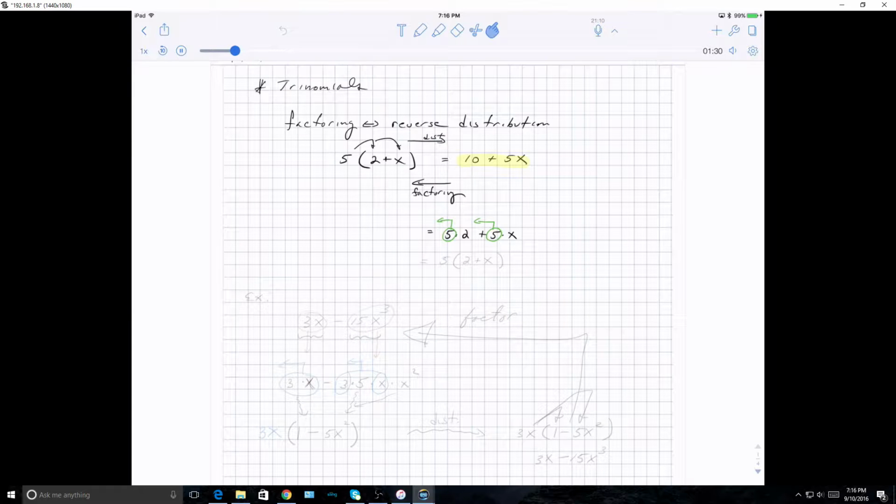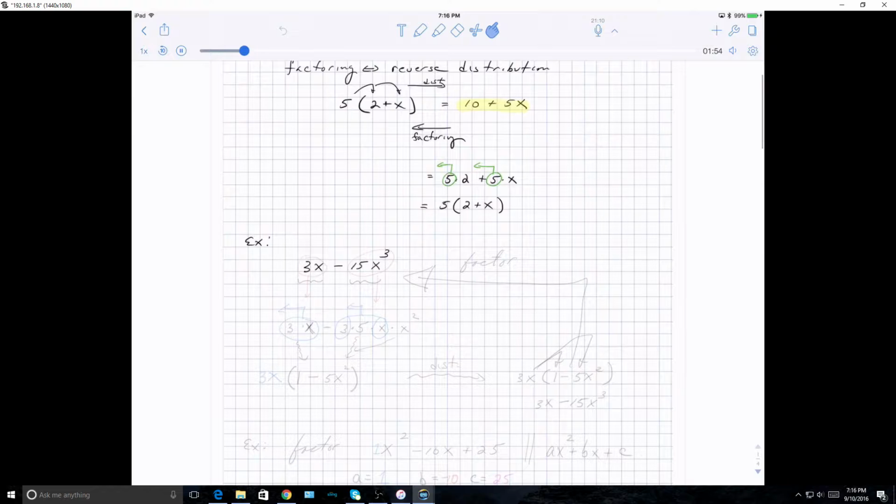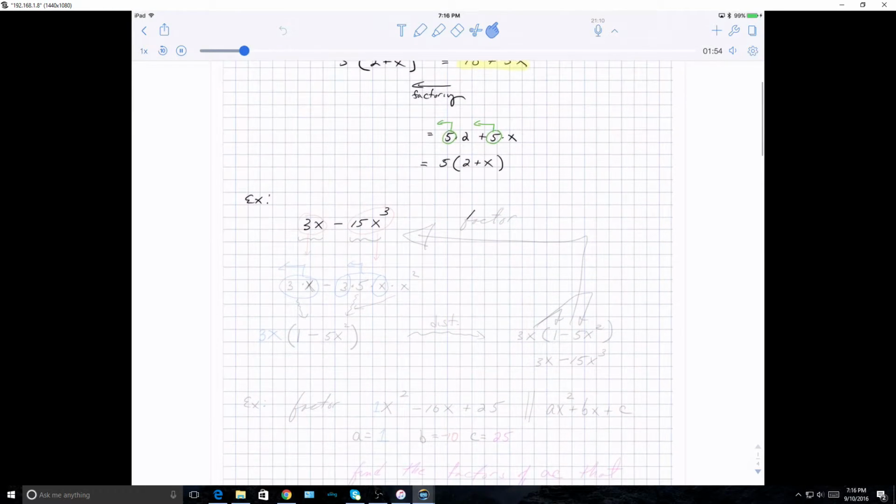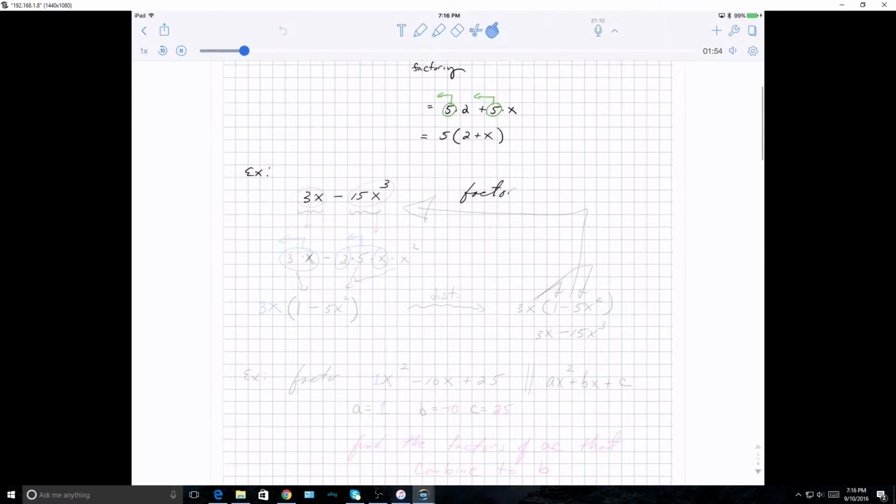So what we have here is 5 times the quantity 2 plus x back. So this is just a way of going backwards and forwards. So if we look at a specific easy example, let's just say that we have 3x minus 15x cubed, and we wanted to completely factor this.